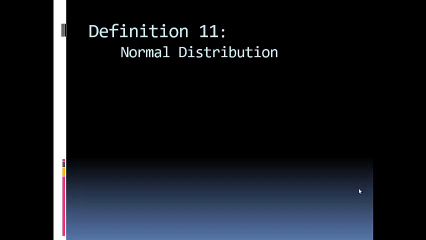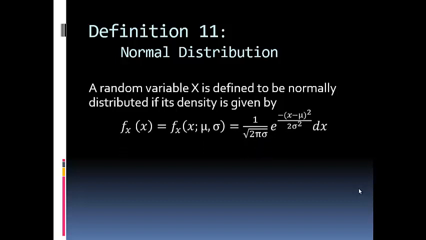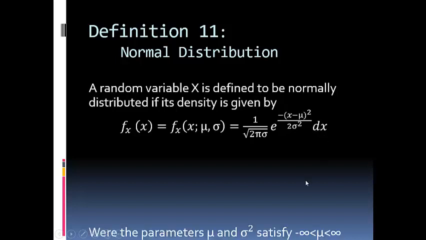See, we have a definition. A random variable x is defined to be normally distributed if its density is given by f sub x of x, with the parameters mu and sigma, equal to 1 over the square root of 2 pi sigma times e to the power of negative quantity of x minus mu squared over 2 sigma squared dx.